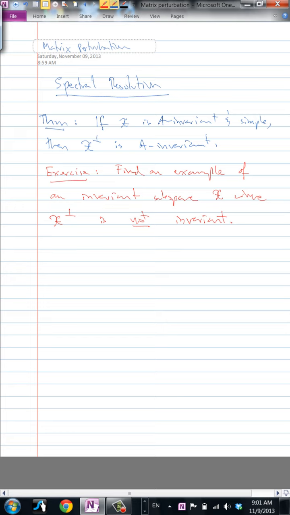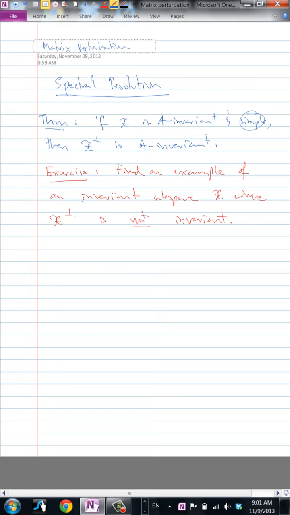And you don't have to look too far to find something like this. Just think about the main assumption in this theorem, namely simplicity. So if you take something that's not simple, then this is not a necessary and sufficient condition, but for this exercise, that's how you should think about it.